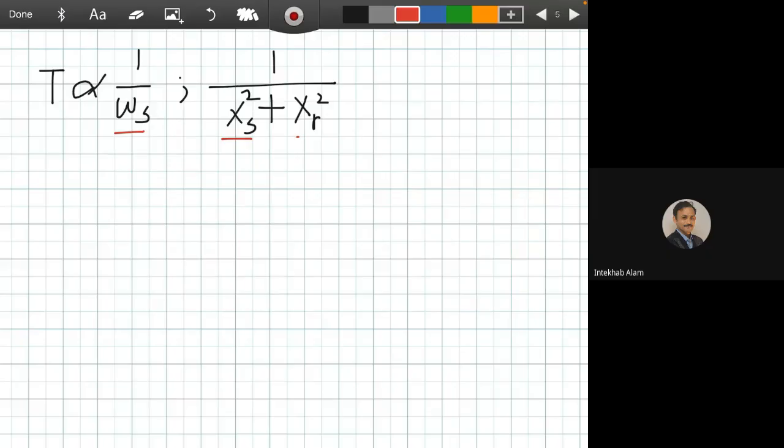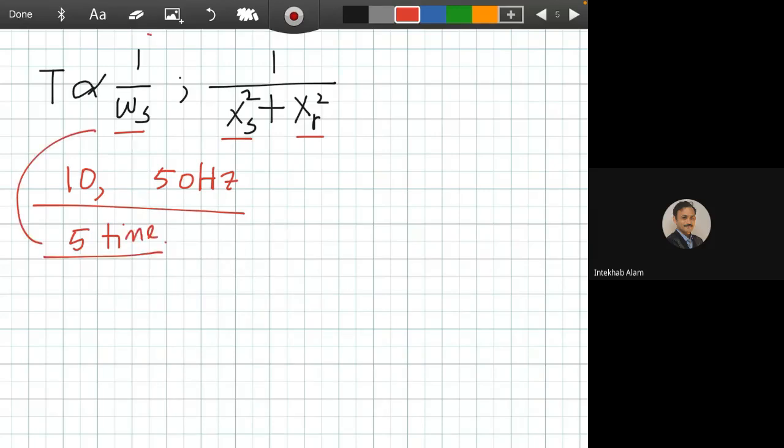Is it okay? So if we insert 10 hertz instead of 50 hertz, then torque will be increased 5 times. This is considering only this part.